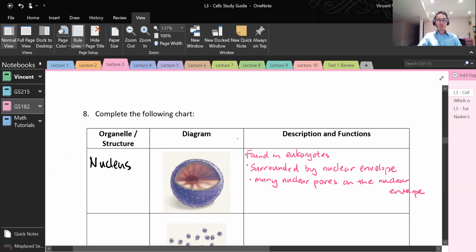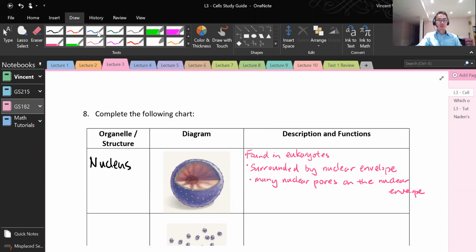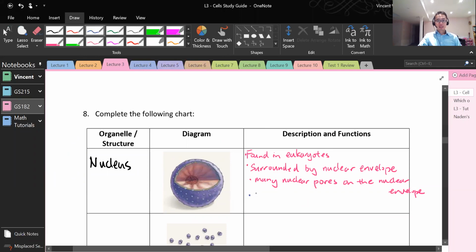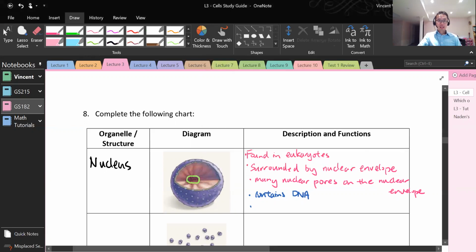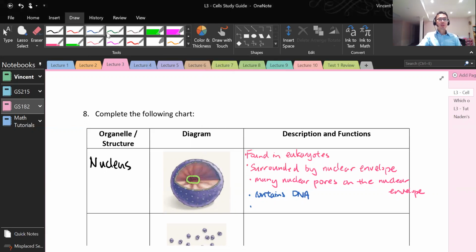So what is the function? Well, the function is that it contains DNA. As well as there is another part inside the nucleus, this central part here, which is called the nucleolus.